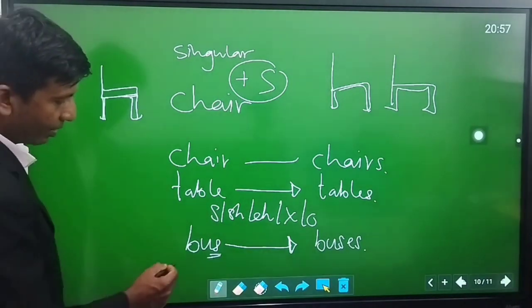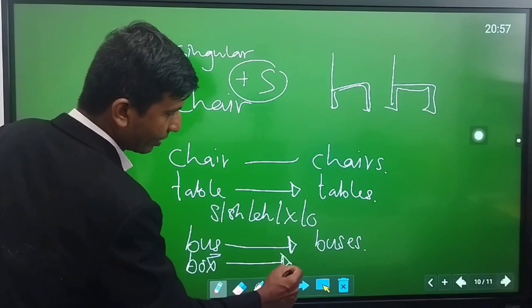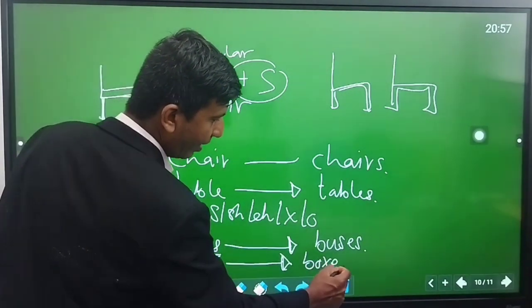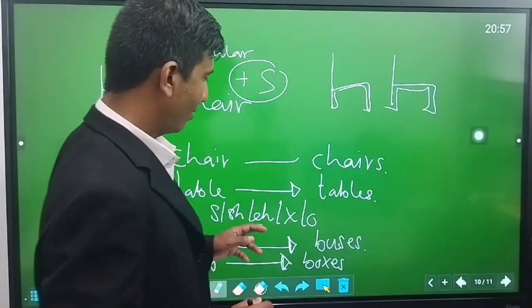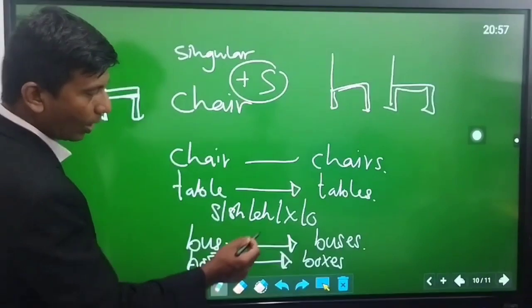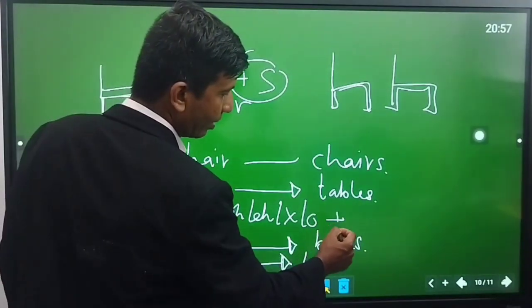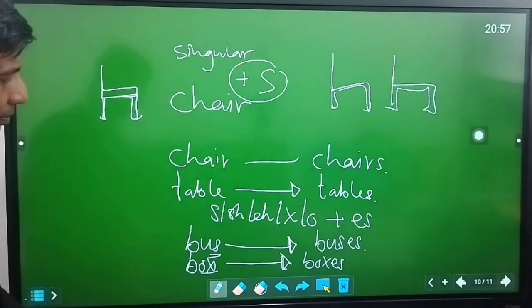Bus, buses. Box, boxes. Mango, mangoes. When a noun ends in s, sh, ch, x, o, you have to add es. Okay?